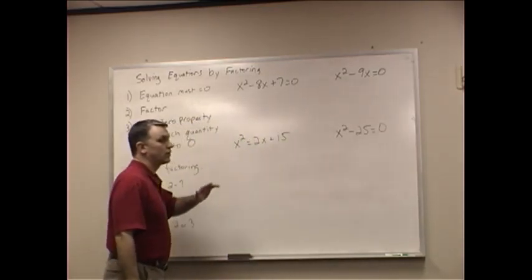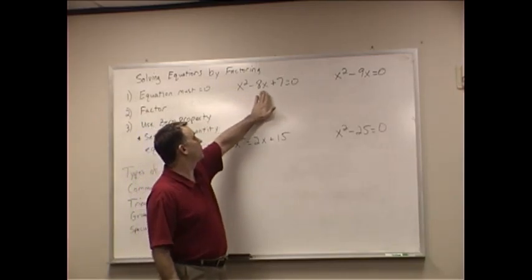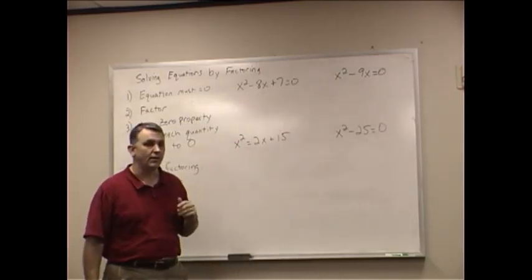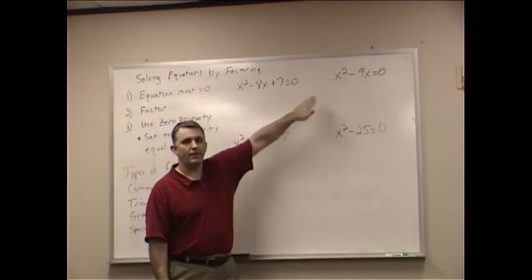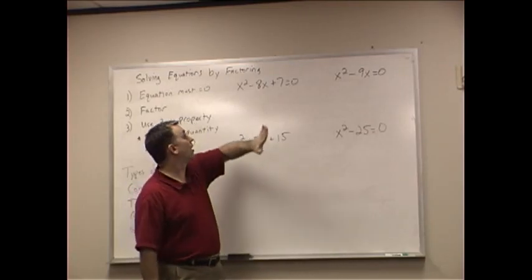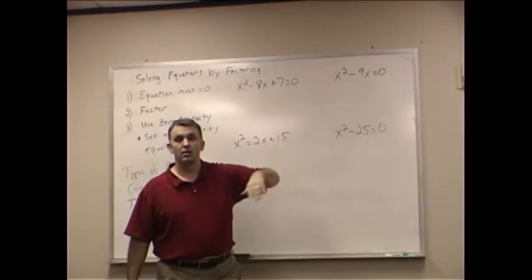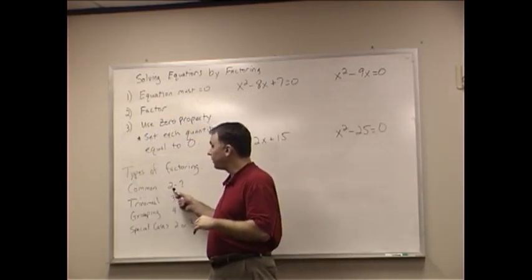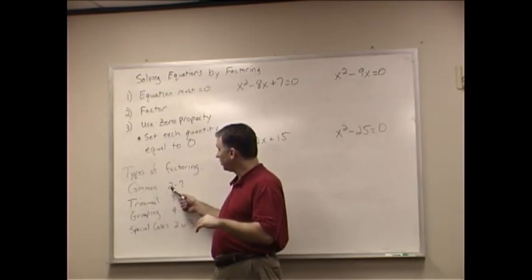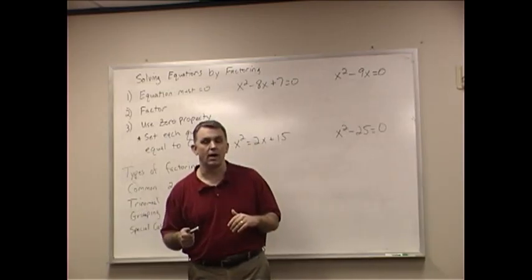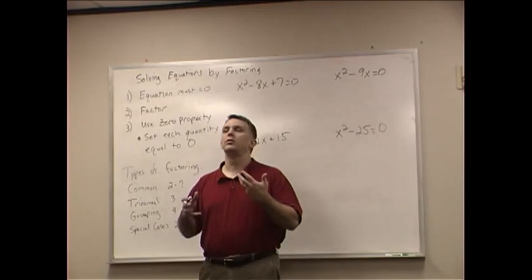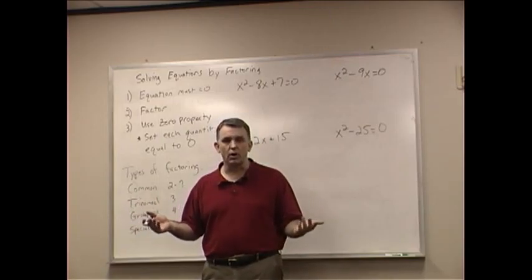So if we take a look at the first example, I have x squared minus 8x plus 7. Now, what kind of factoring do I need to try there? All right. If you look at it, common factoring, and I wrote a little 2-question mark there. That can have 2 to an unlimited number of terms.